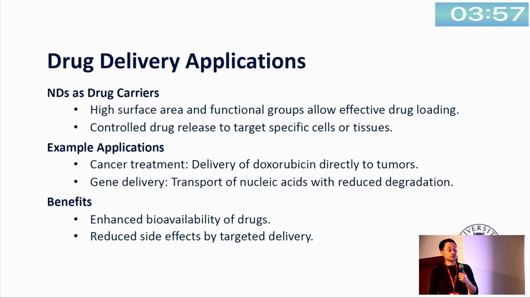Nanodiamonds have been used, for instance, to deliver doxorubicin, a chemotherapy drug, directly to tumors. They have also been used to attach and deliver nucleic acids with reduced degradation for gene delivery. The benefits are enhanced viability of the drug and reduced side effects when you are using this targeted delivery strategy.